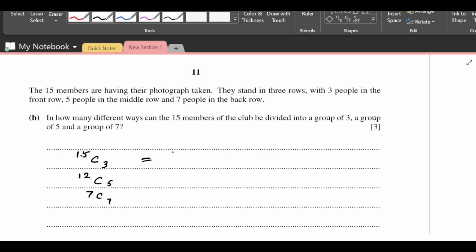So here 15C3 is 455, 12C5 is 792, and 7C7 is 1.